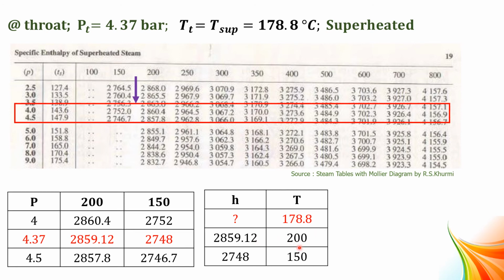So we know five values, and we can find the unknown value by interpolation. After interpolation we get the enthalpy of steam at the throat section equal to 2814.95 kilojoule per kilogram.